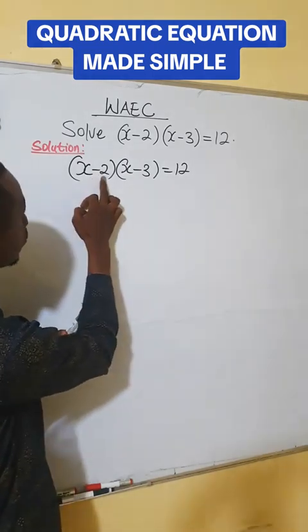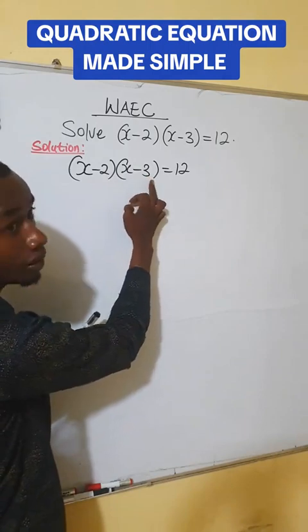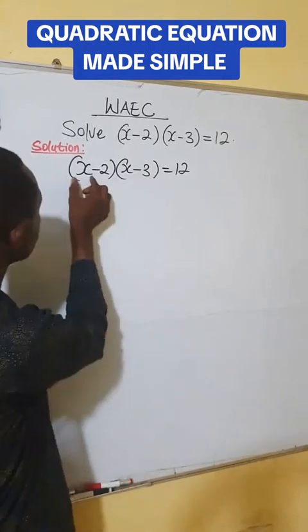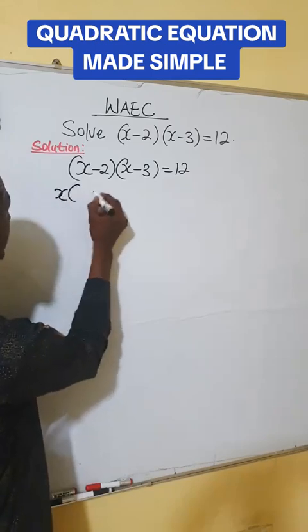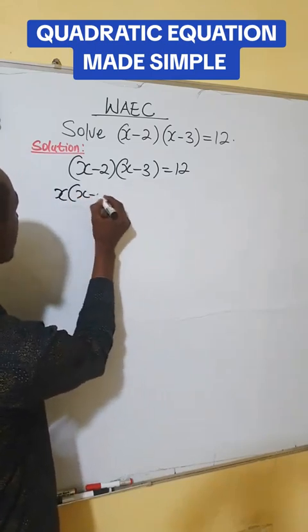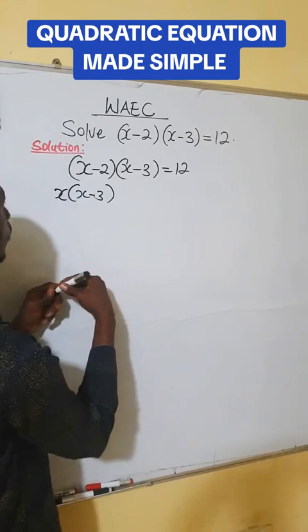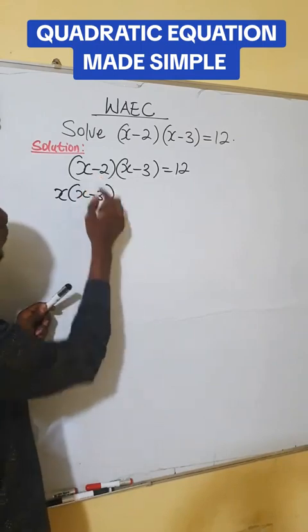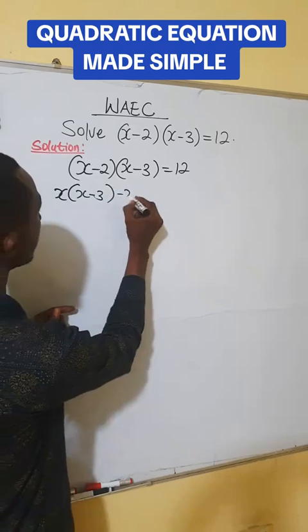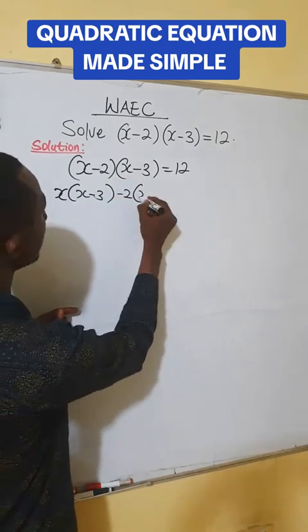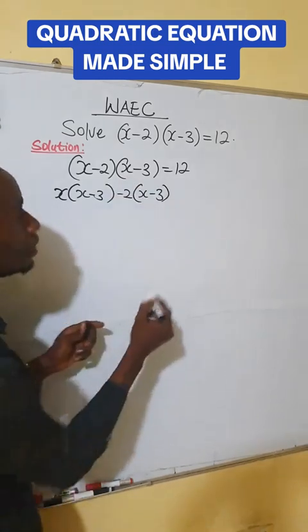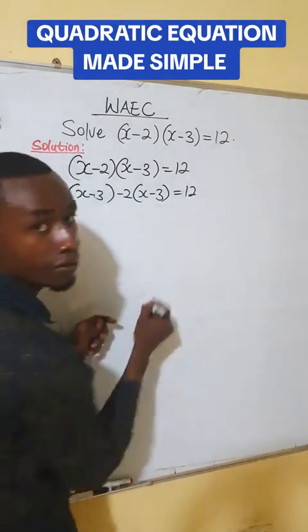You also use minus 2 to multiply x and minus 3. So for you not to confuse, just take x, the x term, and multiply it throughout. That is x minus 3, right? You also come and use the negative 2. That is the second term, which is minus 2. You also multiply it by x minus 3, okay? All this is equated to 12, right?